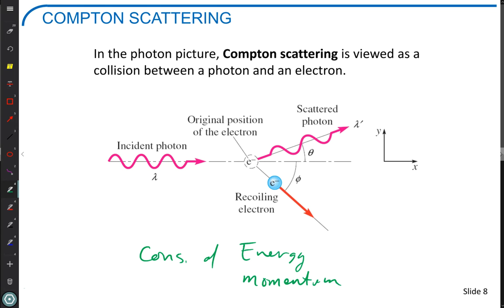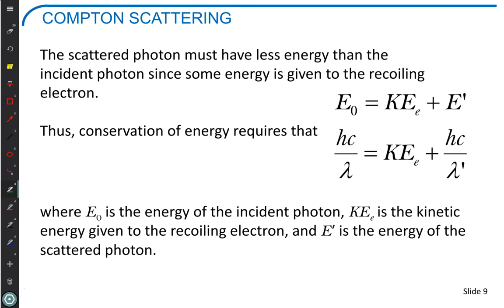And you remember we went through all of those conservation of energy and momentum equations. Well, here I'm going to shortcut it a little bit, do all the work for you, and not do any derivation. So we have the original energy of the photon, hc over lambda, or hf, right? Frequency is c over lambda, so it's the same thing, is equal to the kinetic energy transferred to the electron plus the energy that the photon has after the collision.